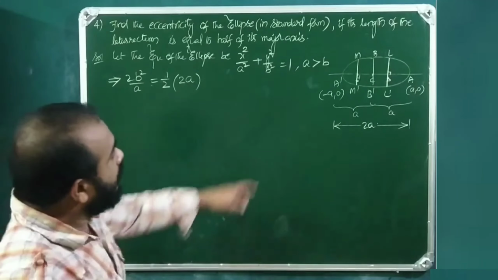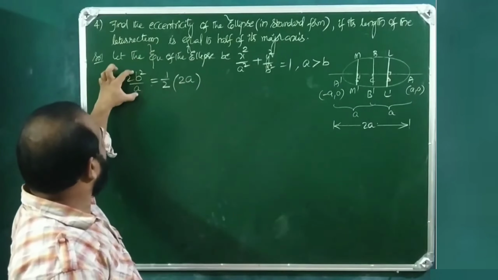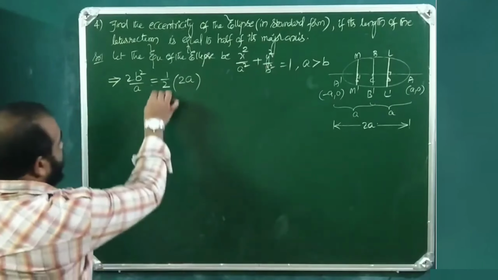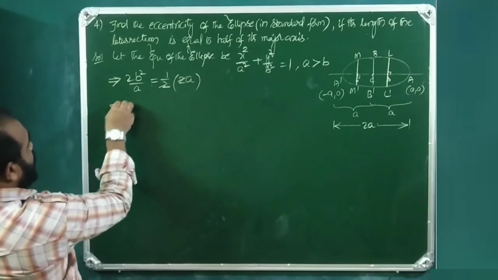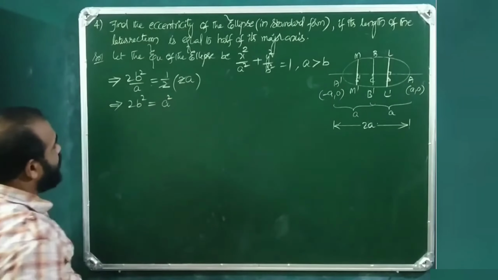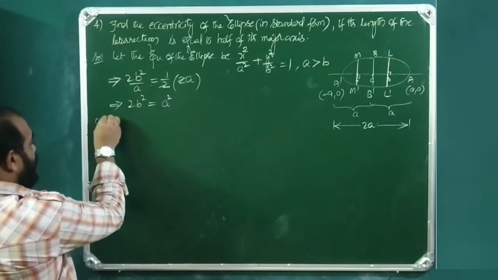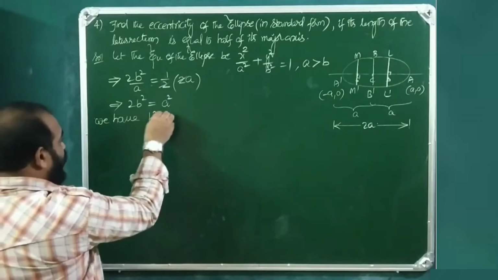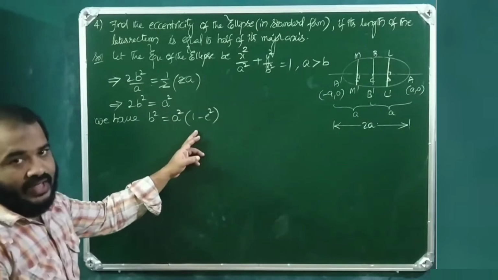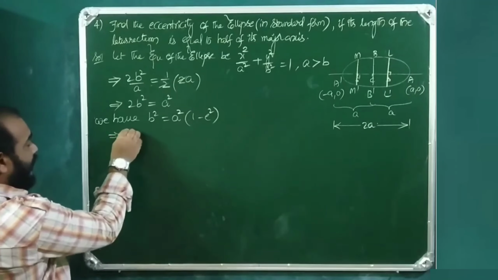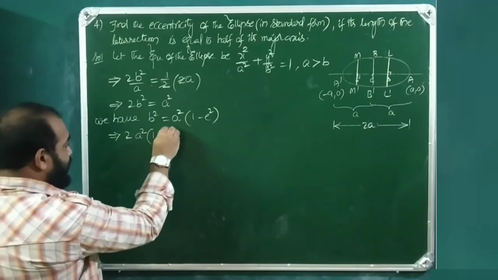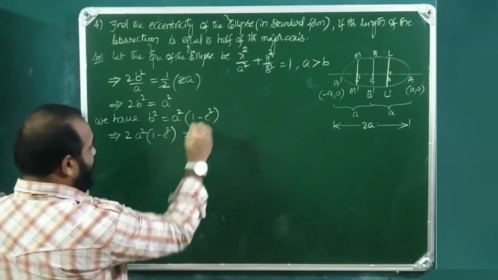So the length of the latus rectum 2B square by A is equal to half of its major axis. Now this 2 gets cancelled. So 2B square is equal to A into A square, by cross multiplication. So we have B square is equal to A square into 1 minus E square. This condition we have, so you apply this condition. In the place of B square, substitute A square into 1 minus E square, which equals A square.